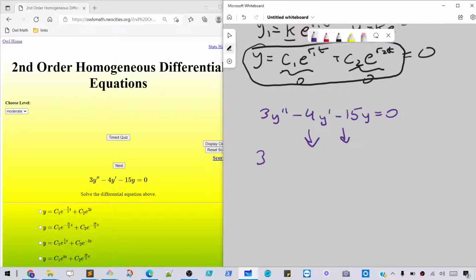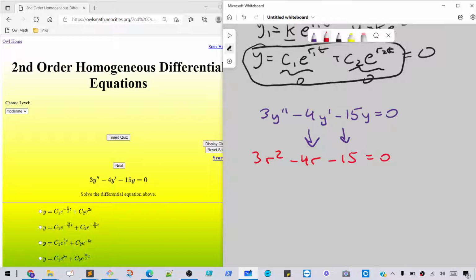So we'll end up with our quadratic. Oh, I don't want to use a y. Let's use r for a root. So 3r squared minus 4r minus 15 equals 0. You can solve this by any method you want.